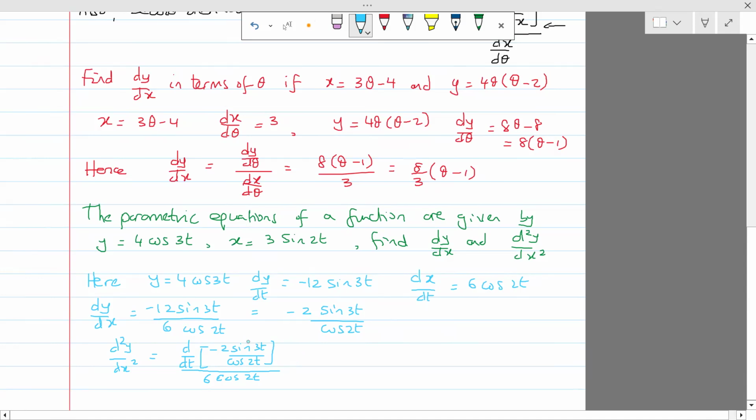Now, how will I differentiate this one? I am going to use the quotient rule. And you can work this out, where we can discuss further solution in the class.